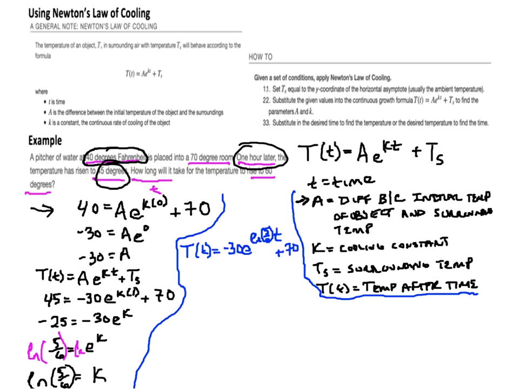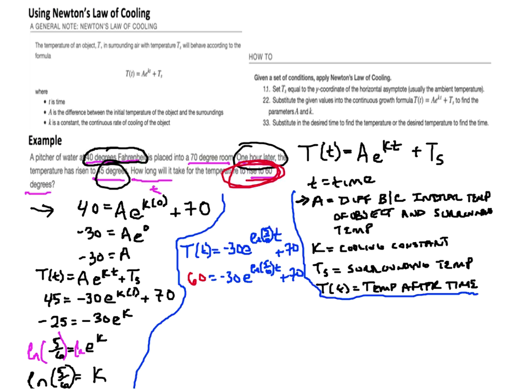The question is asking, how long is it going to take to reach 60 degrees? So I want to know, when will this equal 60? So that's equal to negative 30 e to the ln of 5/6 times t plus 70.